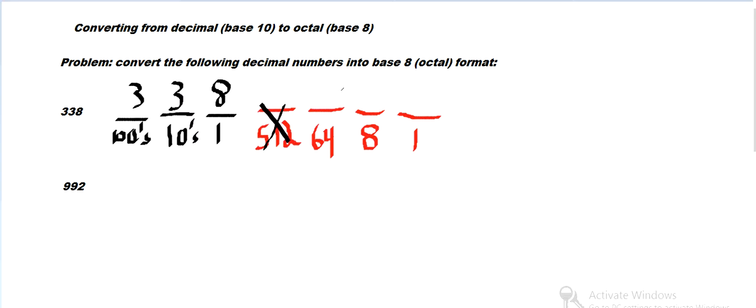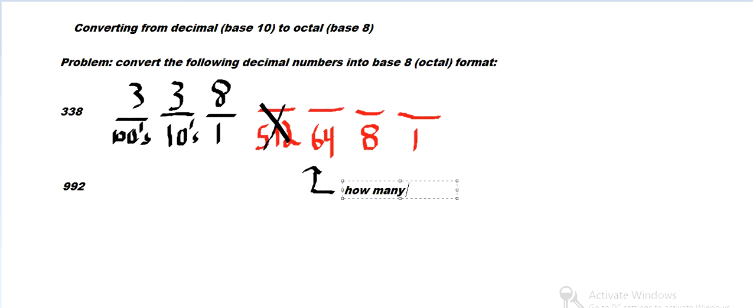So we have 0 of those, but how many 64s do we have in 338? We need to know how many times 64 goes into 338.